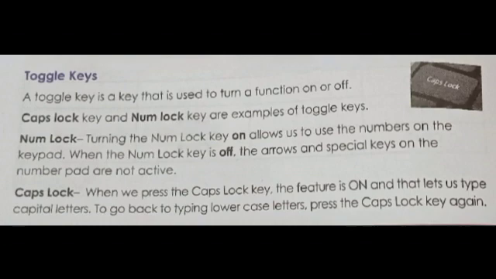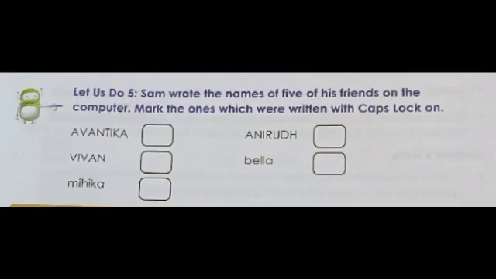Caps lock key. When we press the caps lock key, the feature is on and that lets us type capital letters. To go back to typing lowercase letters, press the caps lock key again. Let us do. Sam wrote the names of 5 of his friends on the computer.